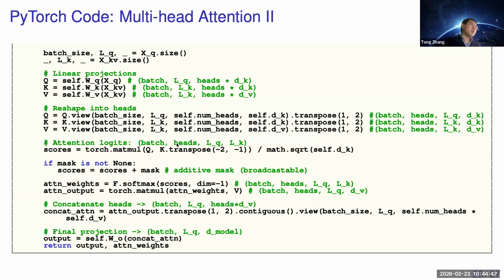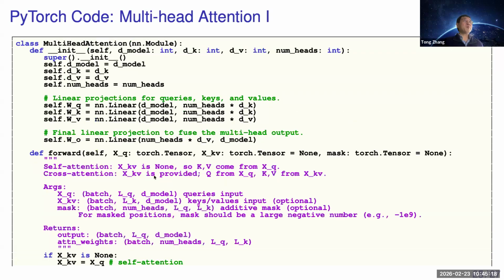Oh, sometimes people also have it return the KV, because of the so-called KV cache. I also quickly mention this, because if you are thinking about doing the decoder, while you do the decoding, K and V, because it's causal, never change when you go from position to position. So you do not want that to be recomputed every time. This one is for training, where you just compute it in one shot.